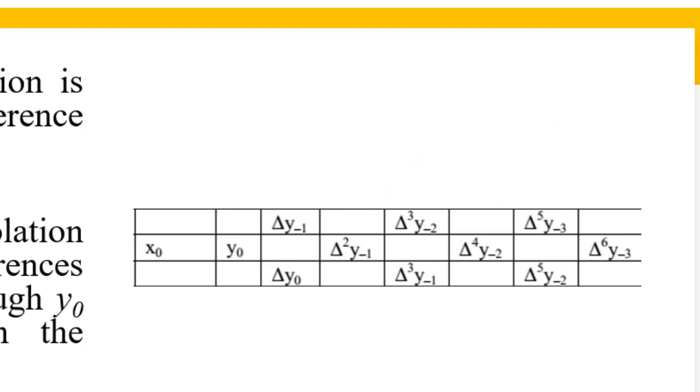So in Gauss's backward we move backward like this from y naught to del y minus 1, then we go to the next step del square y minus 1, then we will again go back to del cube, then del 4, and then del 5, and then at the end we can reach at del 6.